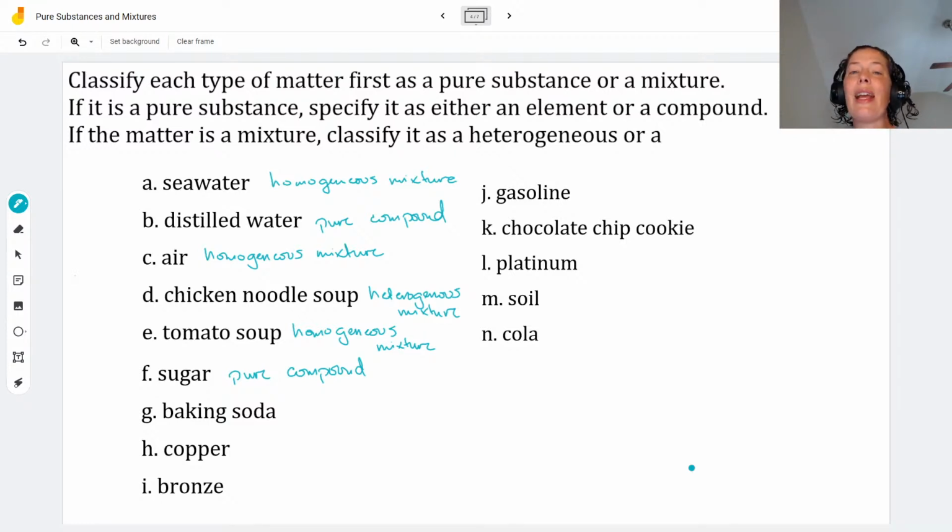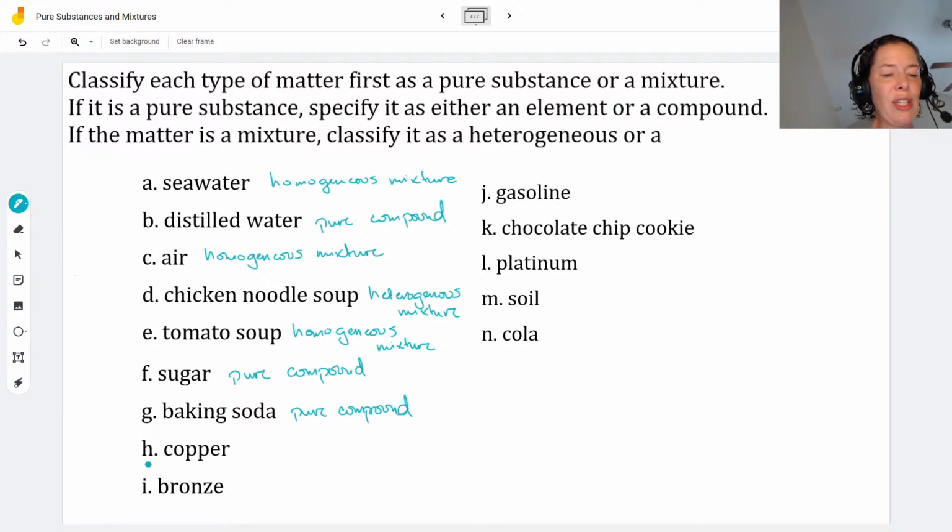So it is a compound, but it is pure, so this is a pure compound again. Now, this is assuming that you're not mixing baking soda with baking powder. That would be a mixture of two different compounds. They're very similar, but two different compounds, and that would be a homogeneous mixture. But just baking soda is going to be a pure compound.